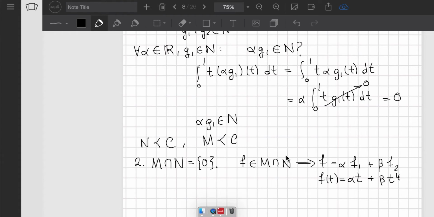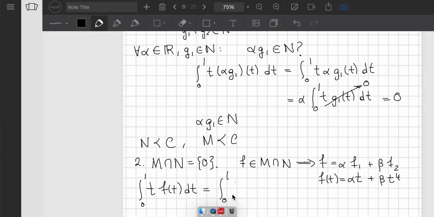But at the same time, because f belongs to N, we must also have that the integral from 0 to 1 of t times f(t) dt must be equal to 0. Let's see if that is true.